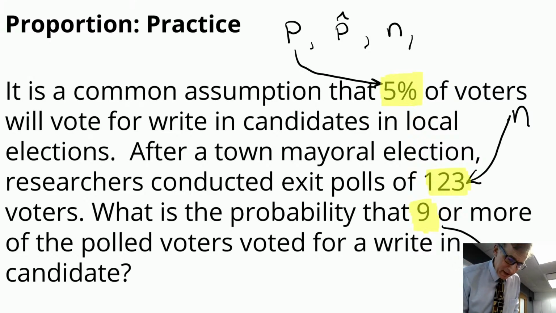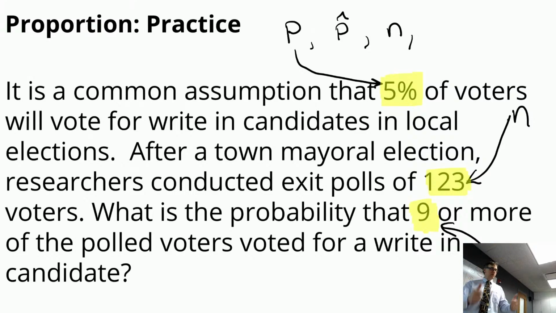The way we would get P with the hat is we have to think in terms of what P with the hat means. The P with the hat is the proportion from the sample. So I need to turn this into a proportion. There's 9 people who voted for write-in candidates out of 123. That means the proportion in the sample is 9 out of 123.